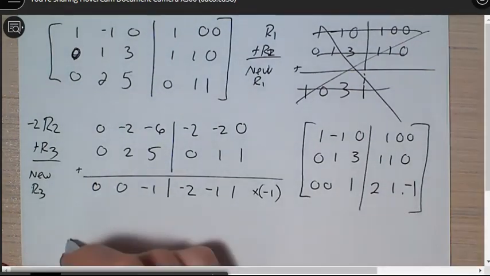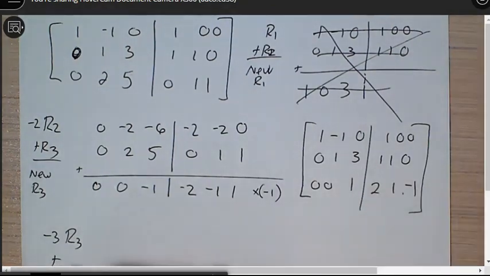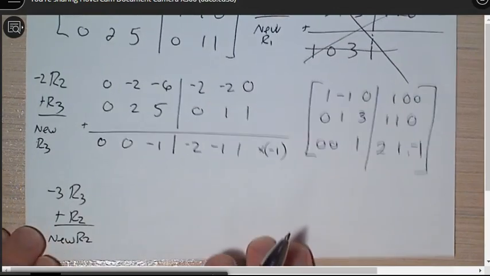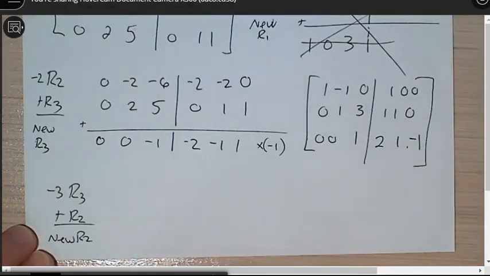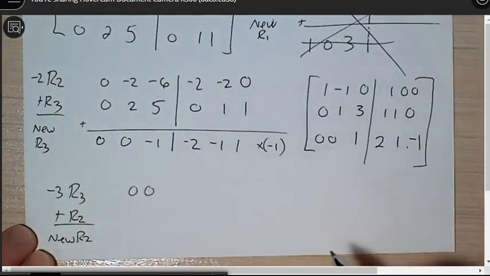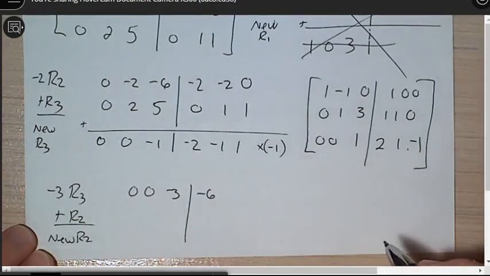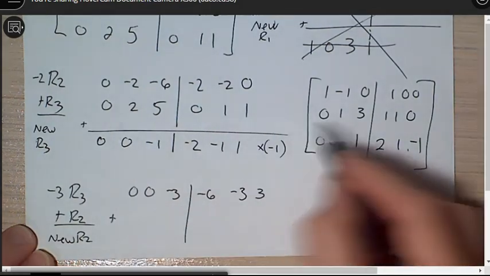Now we can take row 3, multiply it by -3, and add that to row 2. And that'll give us a new row 2. So everything in here times -3. So that's going to be 0, 0, -3, -6, -3, +3. And then we're going to add that to everything here.